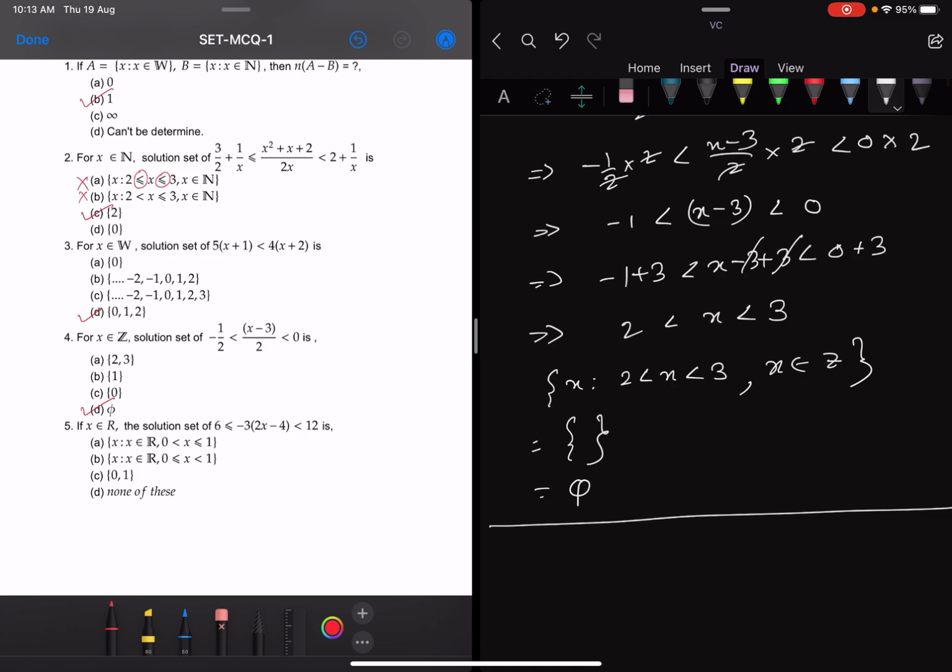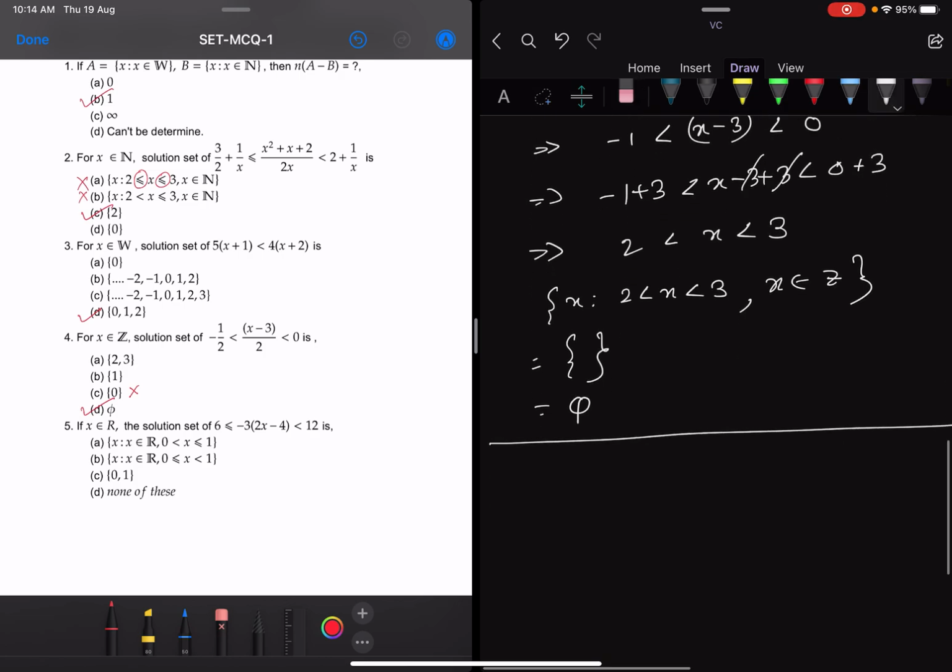D is phi. Remember this thing, 0 will not happen, because set 0 means 0 alone is there. Never write this symbol also, because this symbol also resembles there is one element in this set, that is phi. Okay, but only phi, only writing phi, that means you are representing a null set. Okay, because this set has no elements, so it will be only phi.